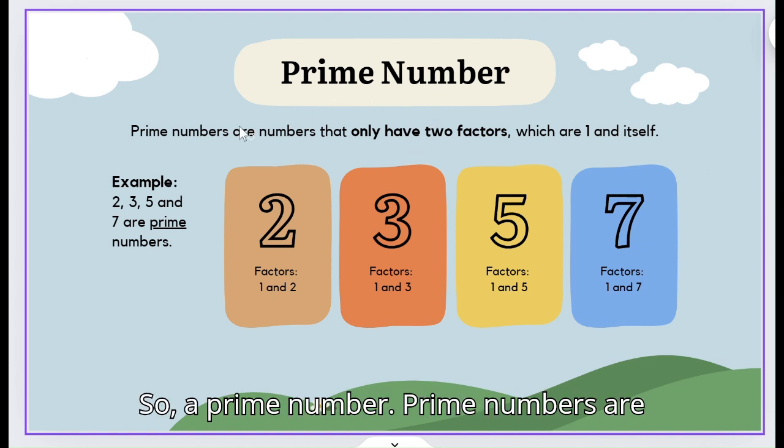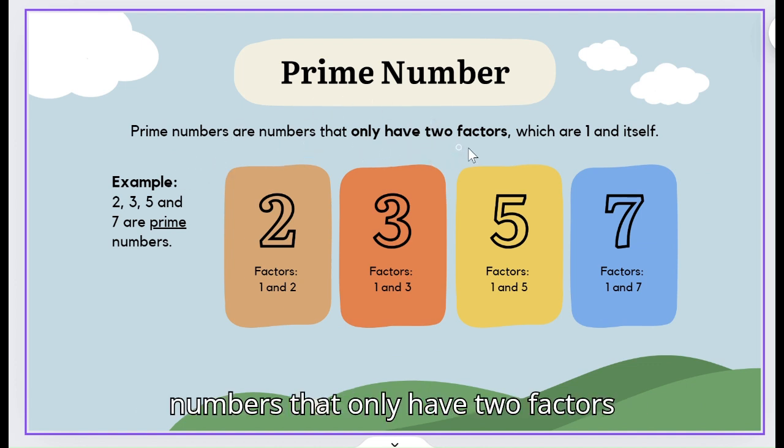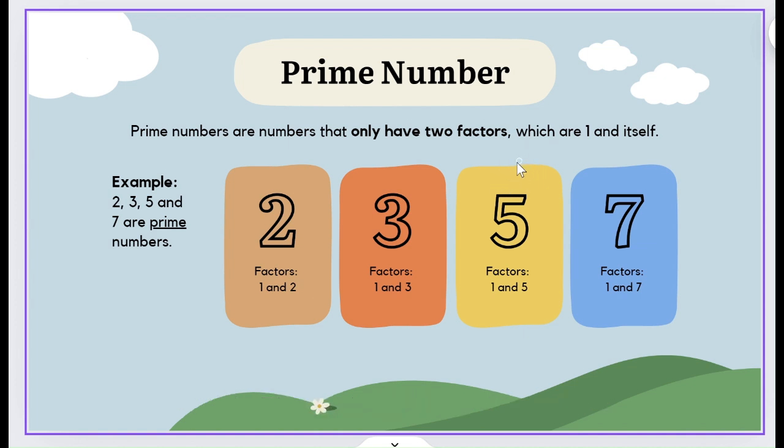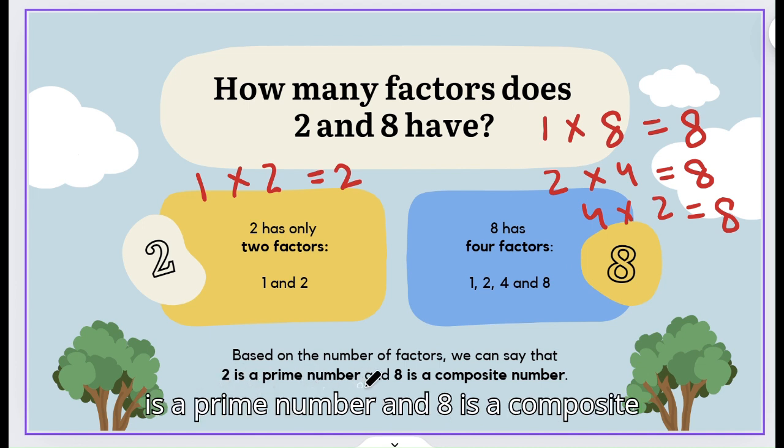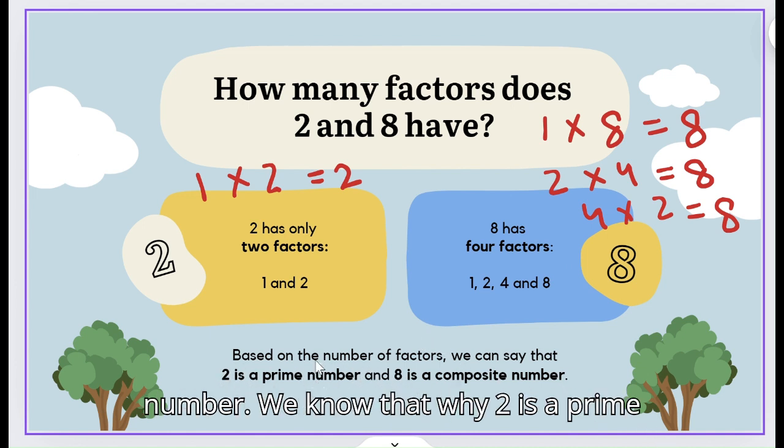Prime numbers are numbers that only have 2 factors, which are 1 and itself. For example, 2, 3, 5, and 7 are prime numbers. Like in this slide over here, it says that 2 is a prime number and 8 is a composite number. Why is 2 a prime number?